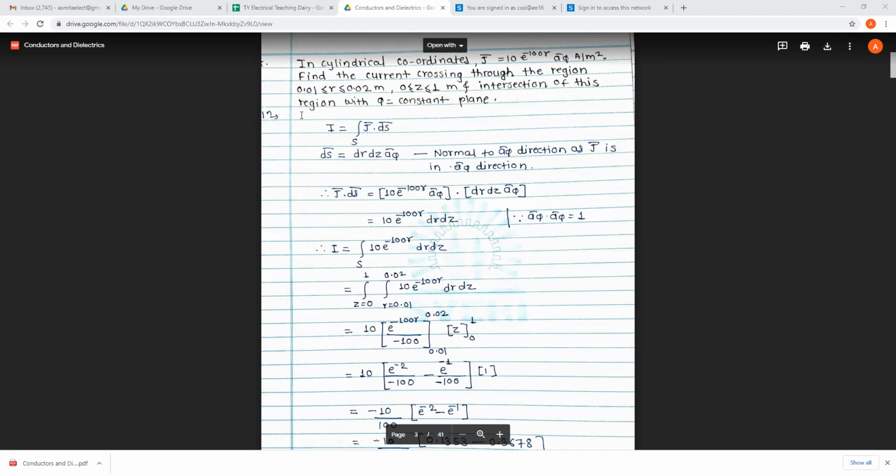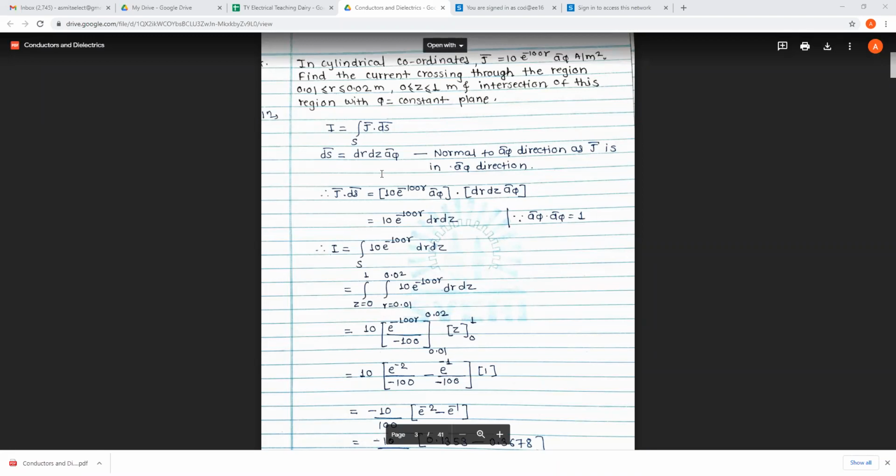If r and z are varying, then phi is constant, right? If phi is a constant plane, then the perpendicular vector to this r and z plane will be a bar phi. The perpendicular unit vector will be a bar phi.